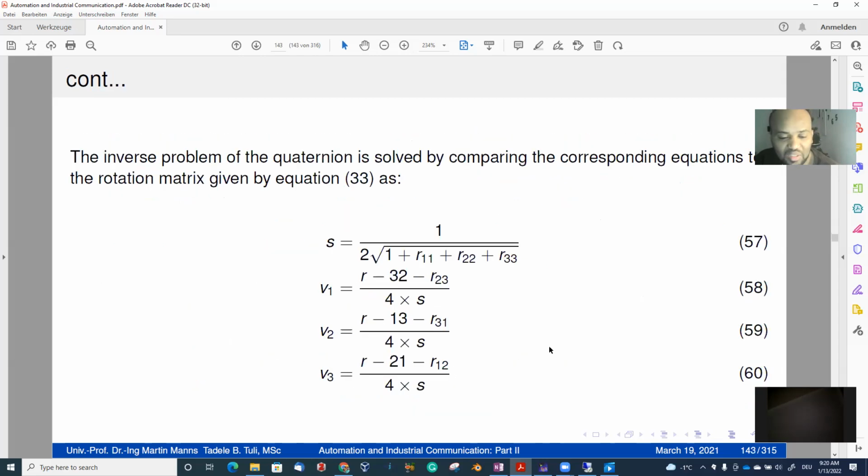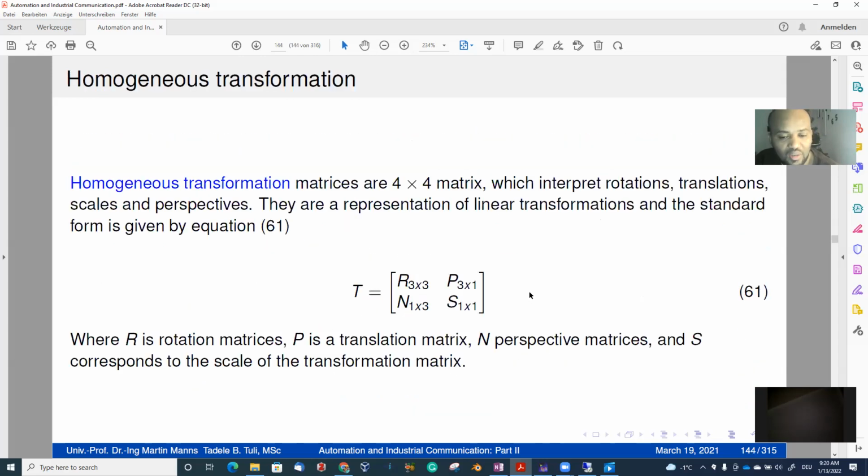If you are interested, you can look it up, but I would like to focus on the homogeneous transformation matrix and so on. As I said earlier, there is a position vector and an orientation matrix.